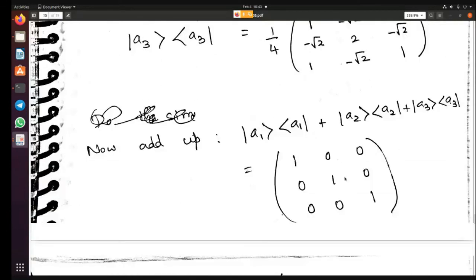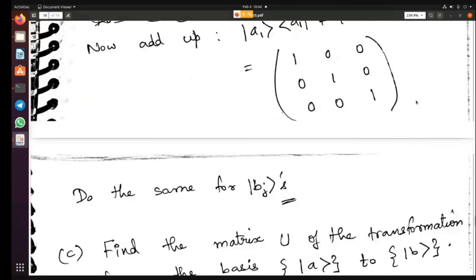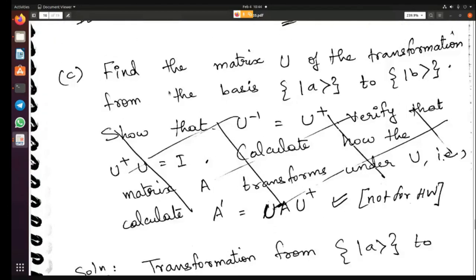So if you get the identity operator after adding up all this, then you know that this set of state vectors is complete. The same thing for B as well. So this set of state vectors forms the complete basis of the operator B, if adding up these operators gives you I. Okay. So this is what you need to show.